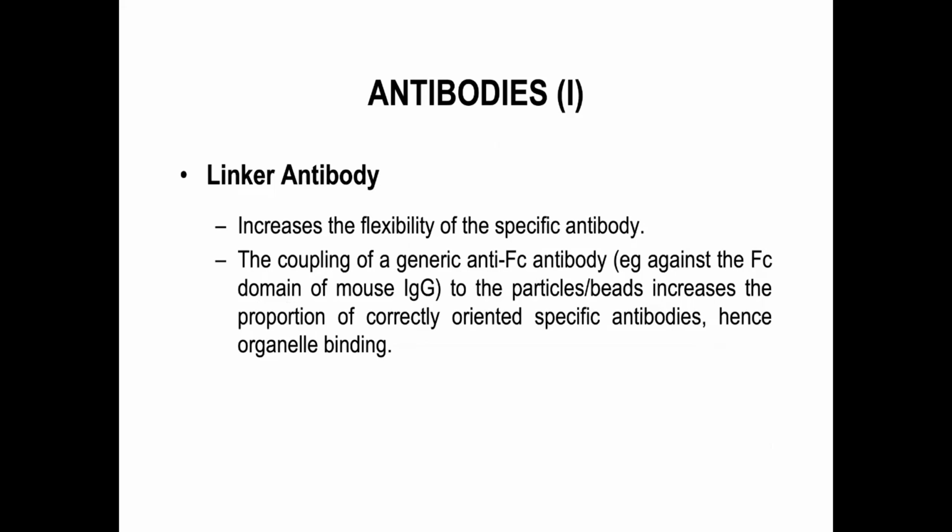And it helps you to orient the primary antibody, because with the Fc segment, we can immobilize the linker antibody in the right direction on the beads already. And then this linker antibody binds the primary antibody on the Fc segment, because it's an anti-Fc antibody. And then the epitope recognizing antibody is oriented in the right direction and can find the epitope more efficiently.